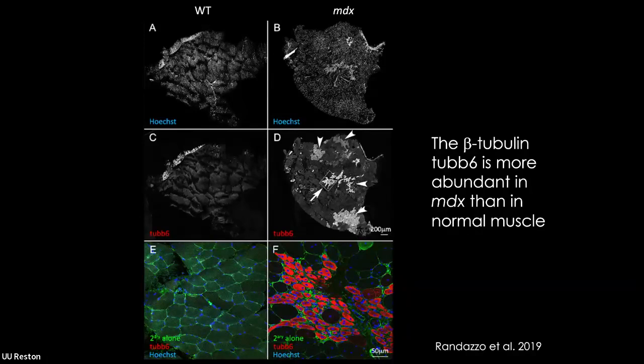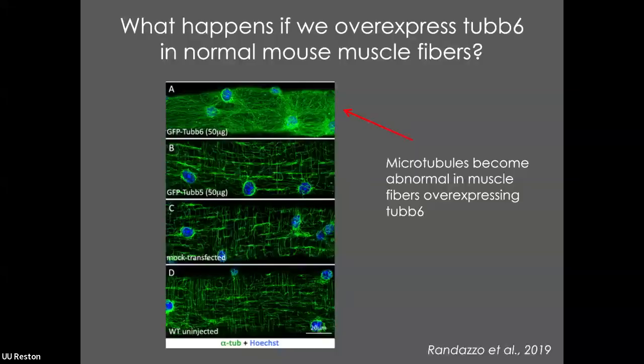During regeneration, they're in the center. And so you can see that in this muscle, you have a lot of cells that overexpress top 6, and they're regenerating. So I was very interested in finding that.